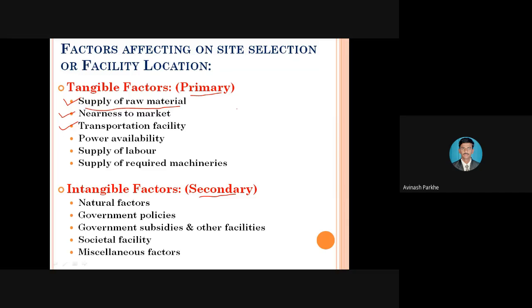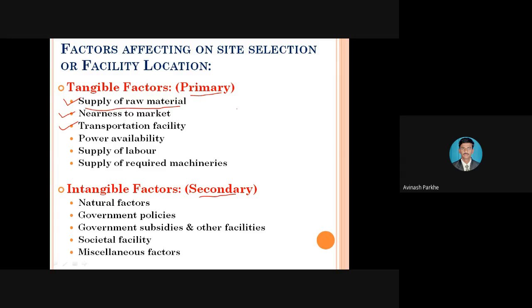So in that case, it is very difficult to take the raw material from the market to the industry. Therefore, you have to check whether transportation facilities are available, especially if there are heavy duty machines or heavy duty components that we have to purchase from the market or from another industry.